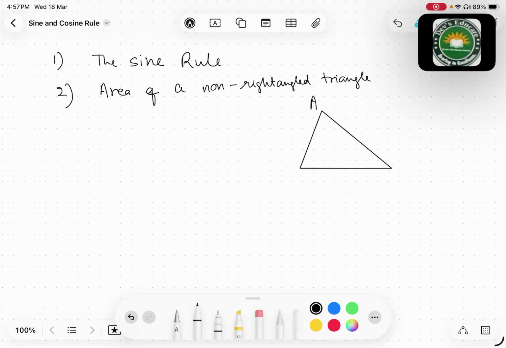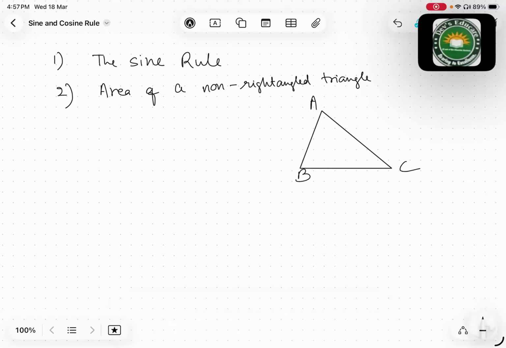Let ABC be a triangle, and let us take side BC as a, meaning the side opposite to angle A is taken as a, the side opposite to angle B is b, and the side opposite to angle C is c.